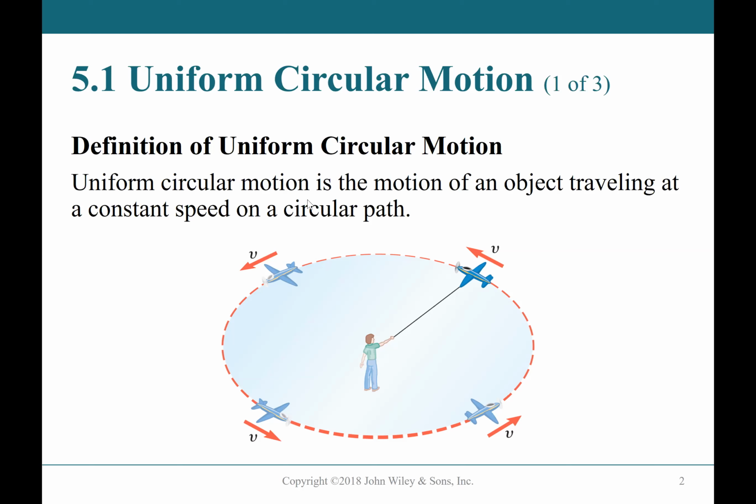Okay, class. Uniform circular motion is the motion of an object traveling at constant speed on a circular path. Here we have a picture showing the object moving in a circle of radius r, and it has a speed.